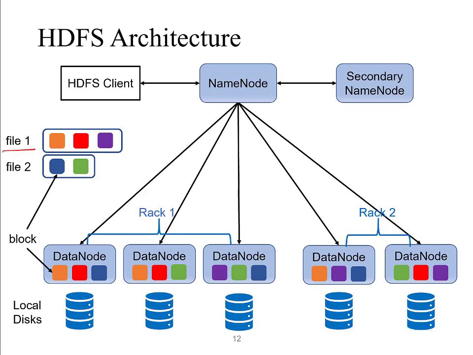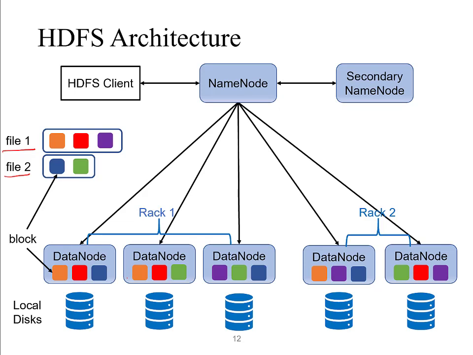Files here are split into blocks. All these little squares are blocks, and the blocks are stored in data nodes, or more specifically, in the local disks of the data nodes.